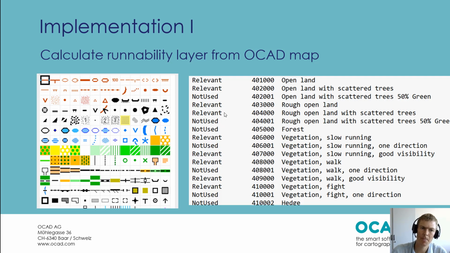For that, it uses, for example, the symbol number or the color or the line width of the symbols, and tries to match the symbol with a runnability factor. So if you have an up-to-date symbol set, that will work smoothly. If your symbol set is very outdated, it may happen that OCAD cannot assign each symbol correctly and that the route analyzer is not working properly.